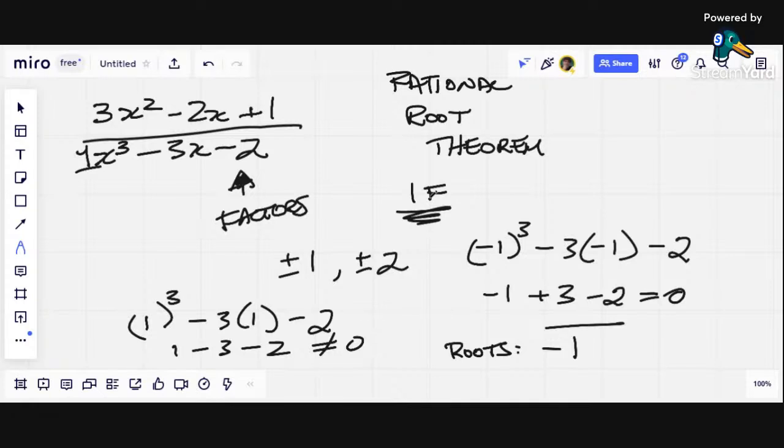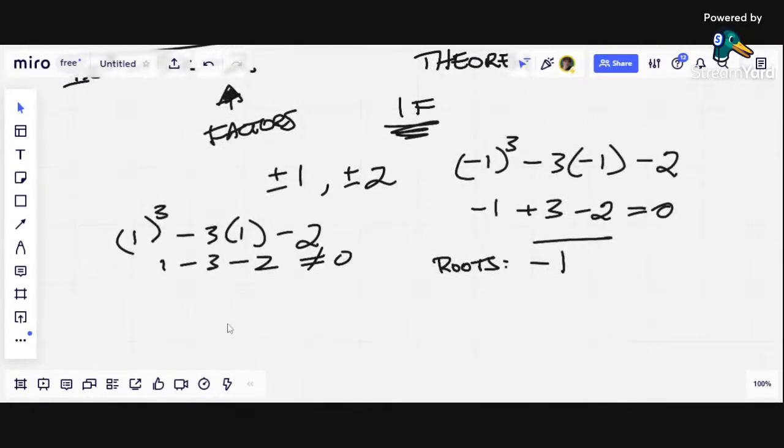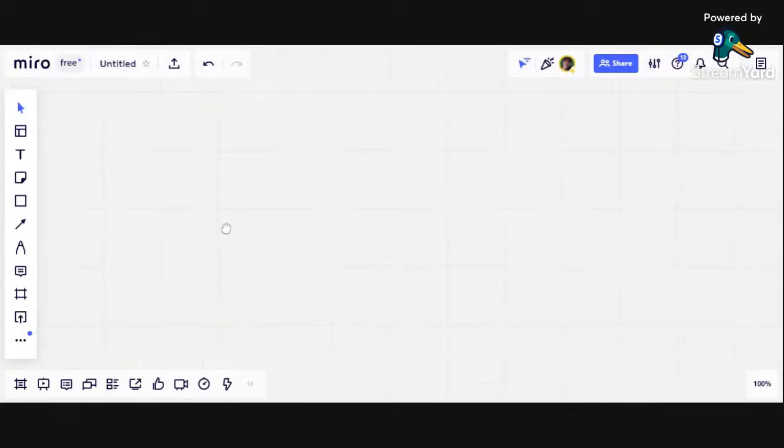All right, so let's continue to do this. I'm going to scroll. So one of the roots is -1. That means one of the factors is x minus -1, which equals x plus 1.